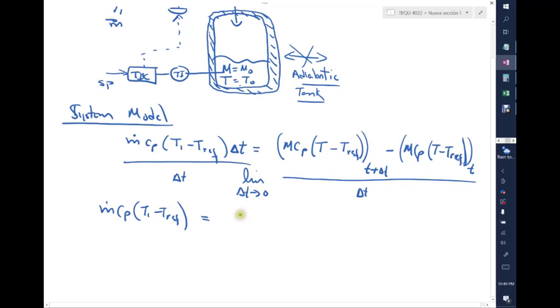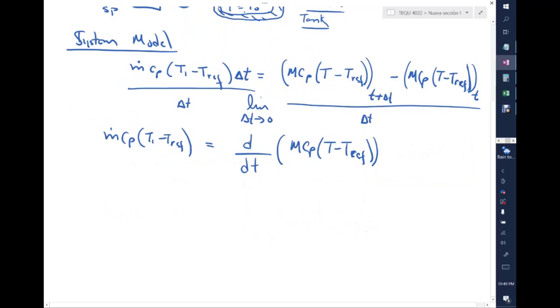So we end up with the differential with respect to time of this term, mCp (T minus T reference). The only thing we need to do is take this differential, and to do that, remember that m is a function of time, and T is also a function of time, let's call these f1 and f2.